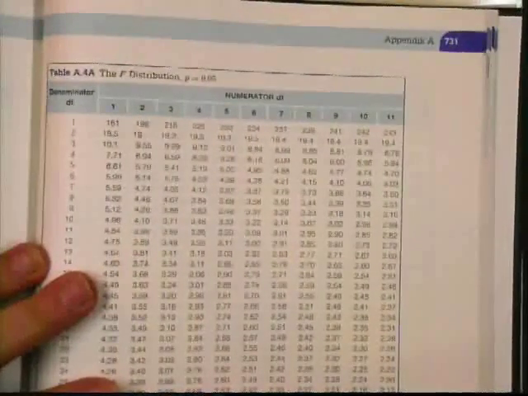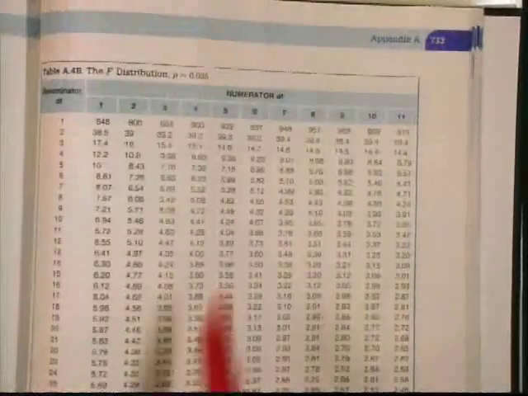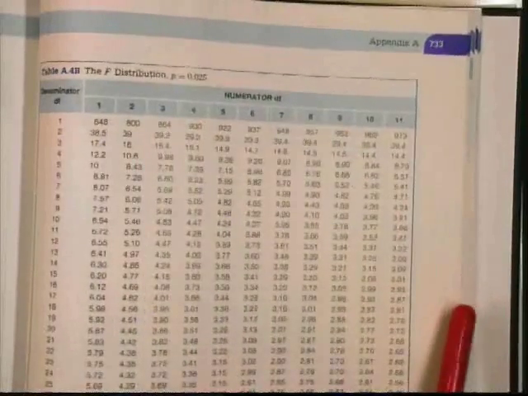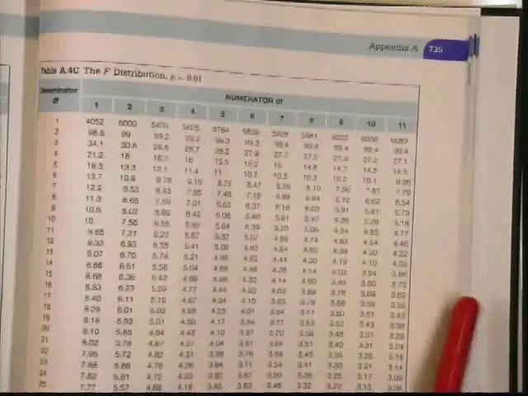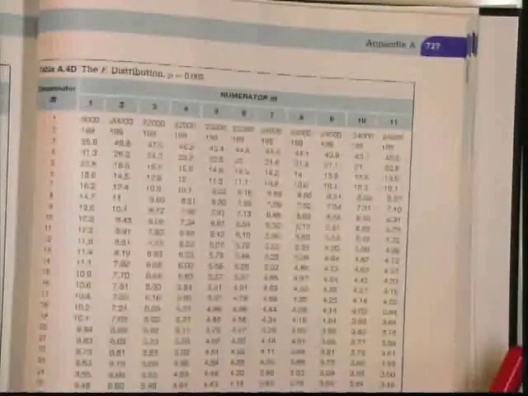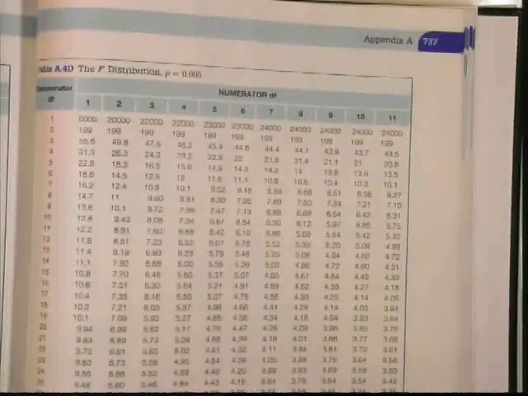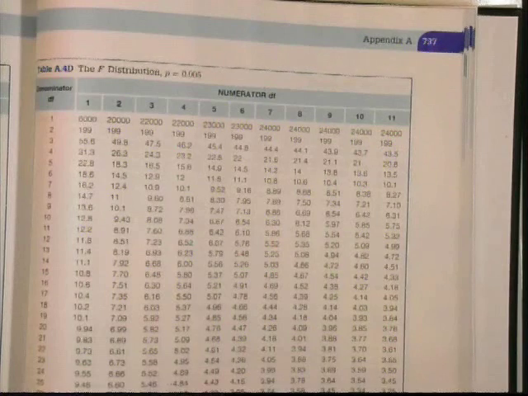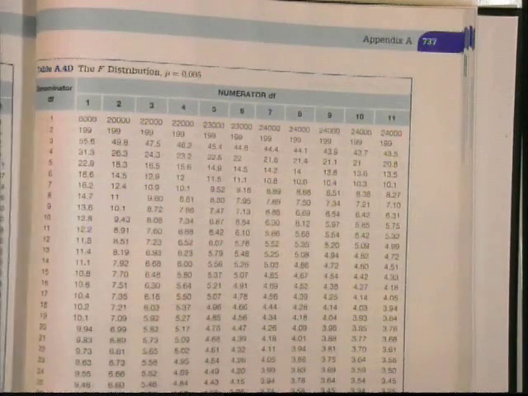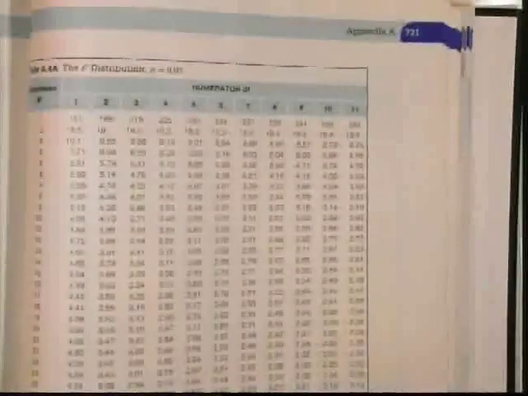You have 2 pages for right-hand area 0.05, 2 pages for 0.025, 2 pages for 0.01, and 2 pages for 0.005, and then we're on to a different table. So the smallest right-hand area we can read off the table is 0.005, or we would report smaller than 0.005. Now, how do we go about looking at these tests if we've got right-hand areas?